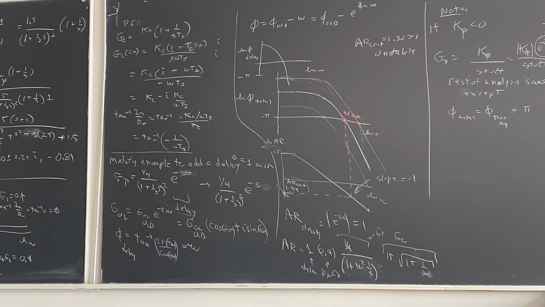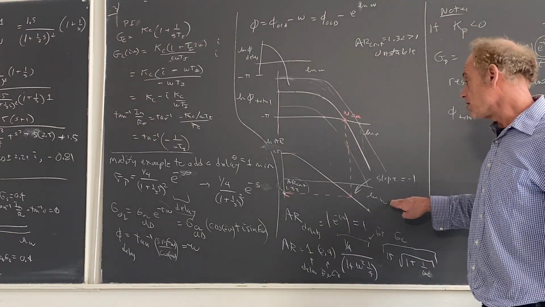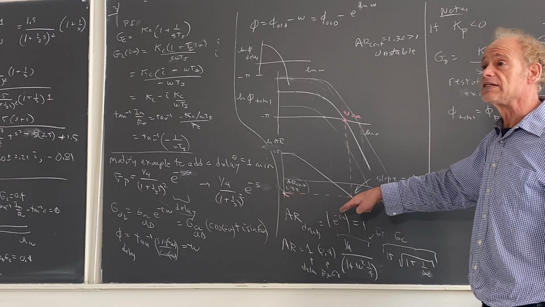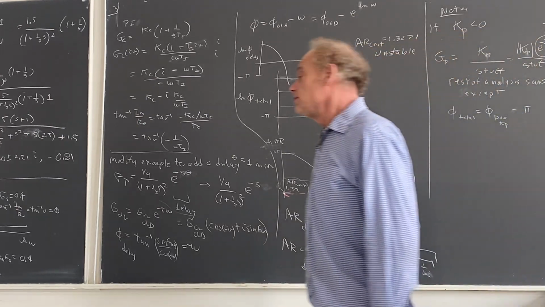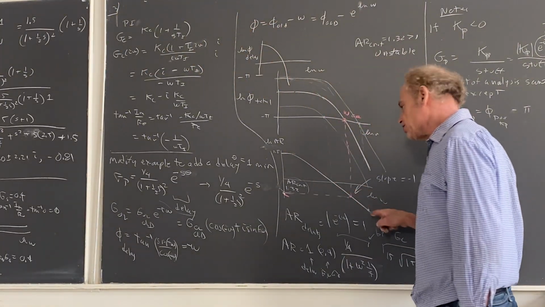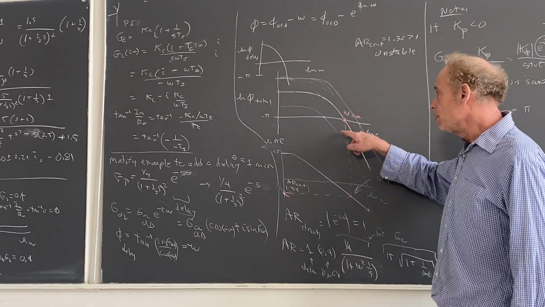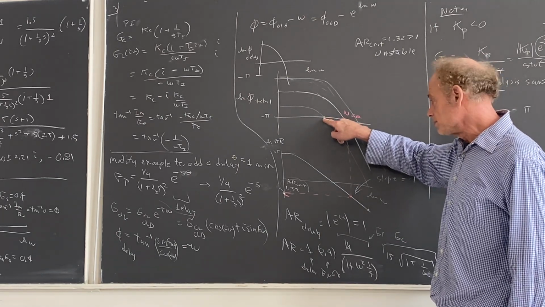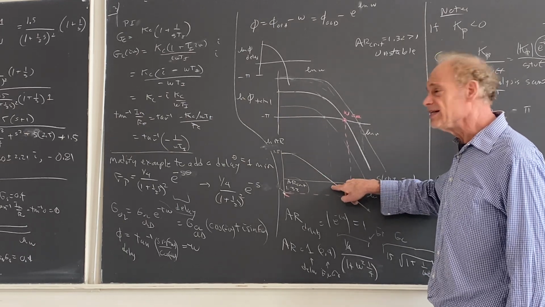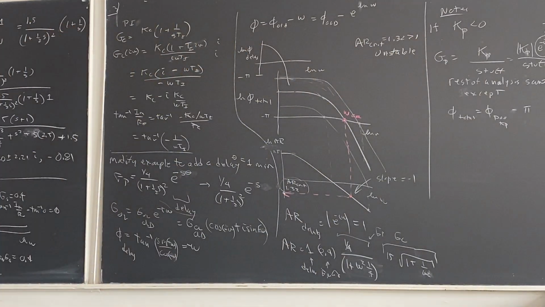The more I subtract, as long as the amplitude ratio curve is monotonically decreasing with log omega, the more unstable I make it. Of course, that depends on the amplitude ratio Bode plot being monotonically decreasing. If I subtract more, I cross minus pi earlier, so I hit this curve further to the left and it's higher. So it could be more unstable or less stable.